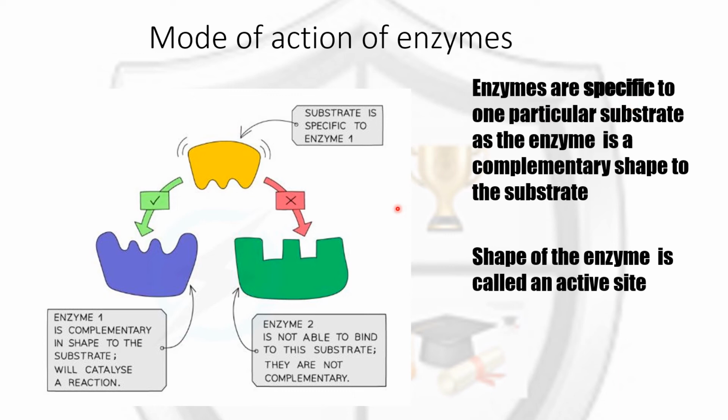They are specific because the enzyme's active sites have shapes that are complementary to a substrate. If the shape of the active site is not complementary to that of the substrate, then the enzyme will not catalyze the reaction because the substrate will not be able to fit into the active site of the enzyme.